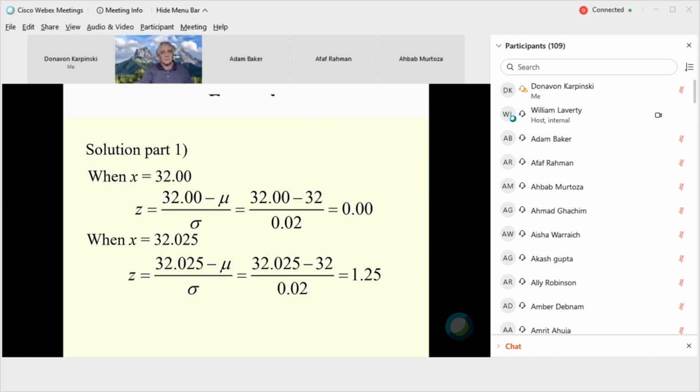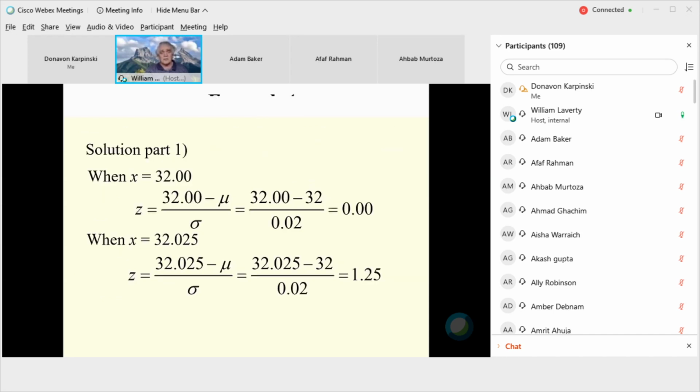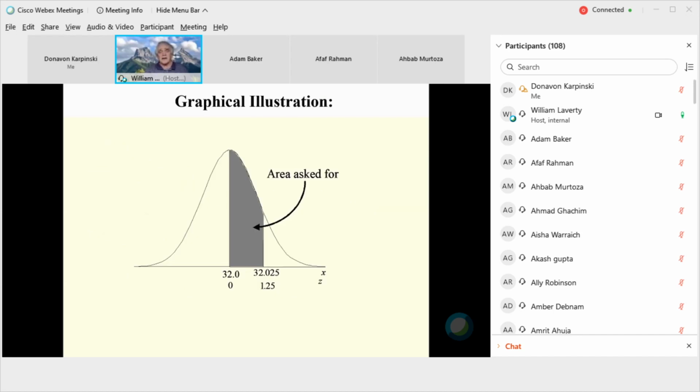The solution: convert those limits to their standard scores. So 32, its standard score is 0. The standard score of 32.025 is 1.25. There's the area asked for. The limits down here are whether the distribution up here is the one in question, or whether it's the corresponding standard normal distribution.